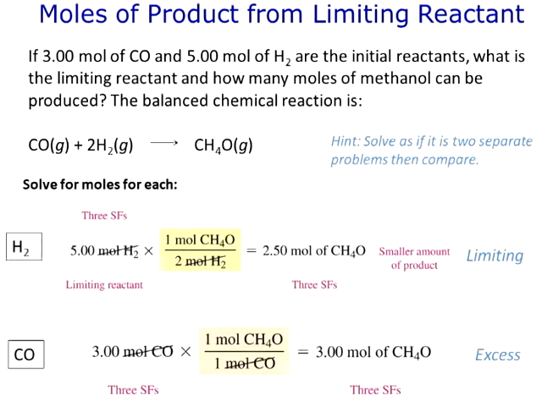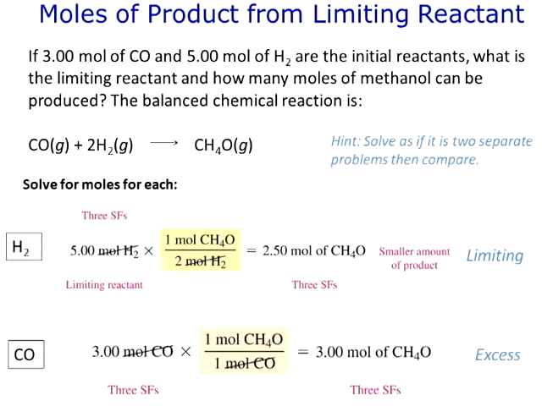The equation has already been balanced, and you can check that balance by noting that we have 1 carbon on the left, 1 carbon on the right, 1 oxygen on the left, 1 oxygen on the right, 4 hydrogens on the left, 4 hydrogens on the right.